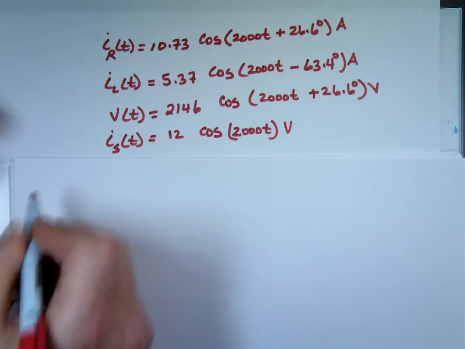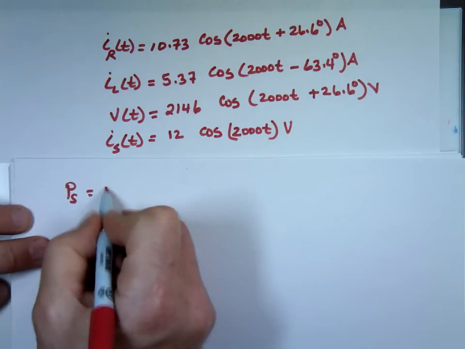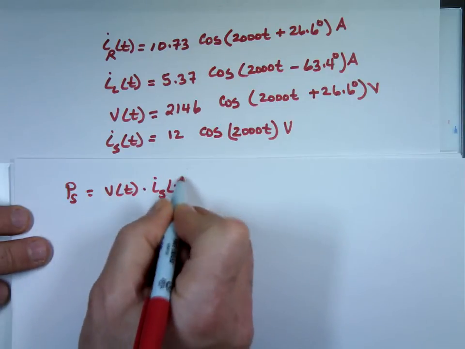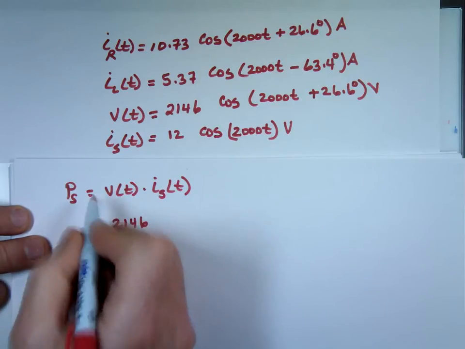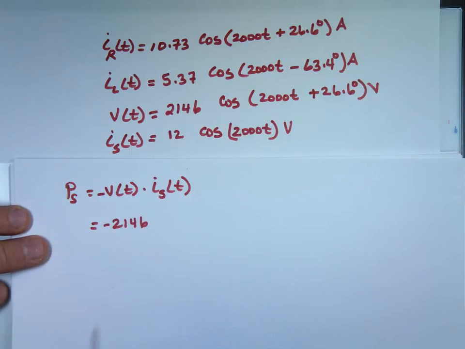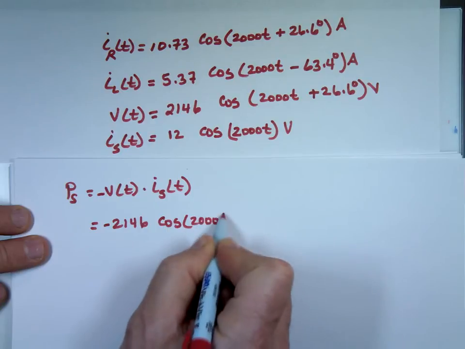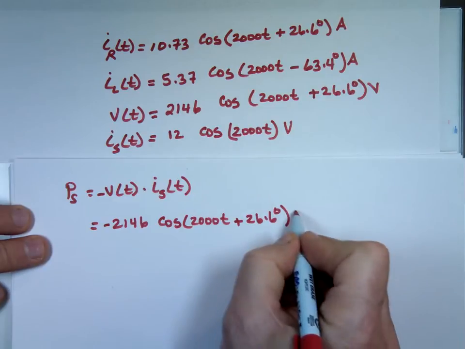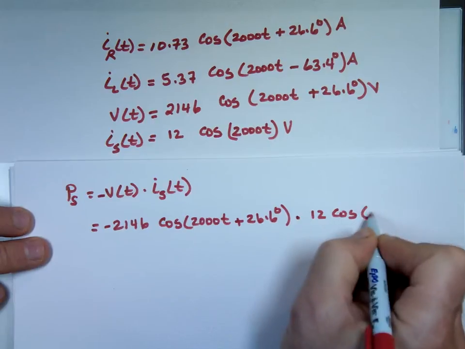Let's take the source. The source is going to be supplying the power. The power supplied by the source, instantaneous power, is voltage times the current. The voltage is what? For the source, 2146. This will be supplied, so that's a minus. That means supplying. 2146 cosine 2000 t plus 26.6 times the current, which is what? 12 cosine 2000 t.